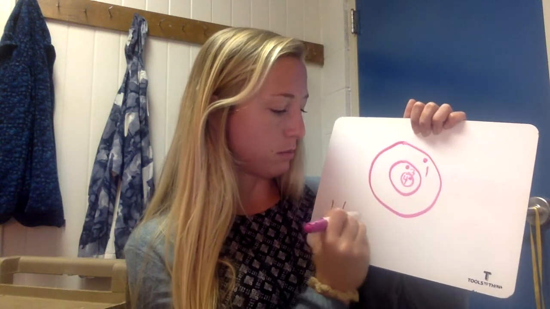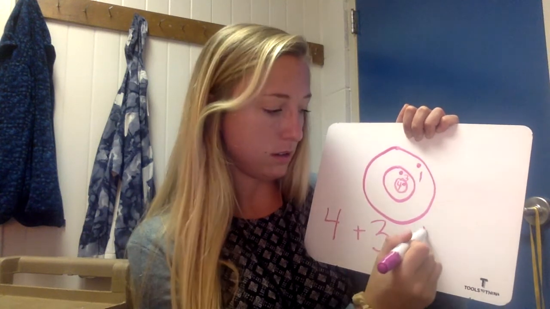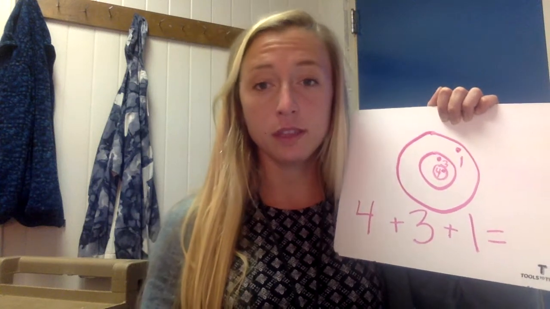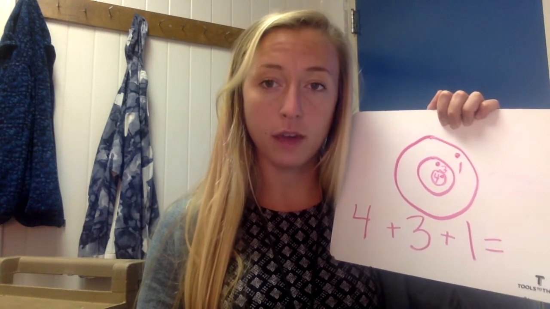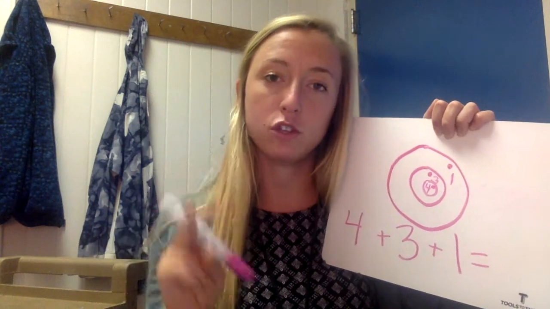So our equation would be 4 plus 3 plus 1 equals. Doing this is kind of hard if you don't have a visual. Visuals always help us. So we can do 2 things.